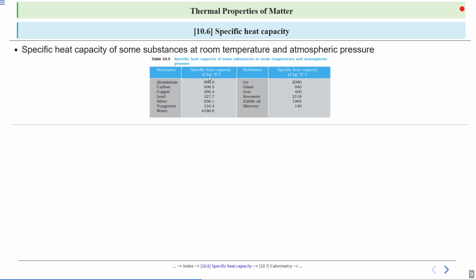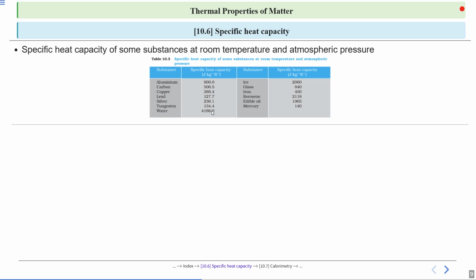For carbon, the specific heat capacity is 506.5. Similarly, for copper, 386.4 joule per kg per Kelvin. For lead, it is 127.7. For silver, 236.1. For tungsten, 134.4. For water, 4186 joule per kg per Kelvin.